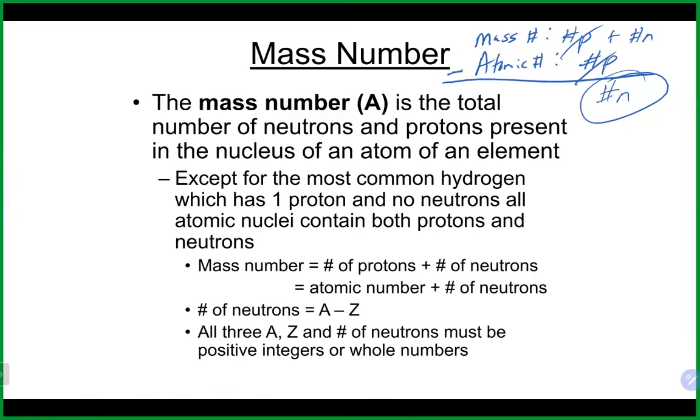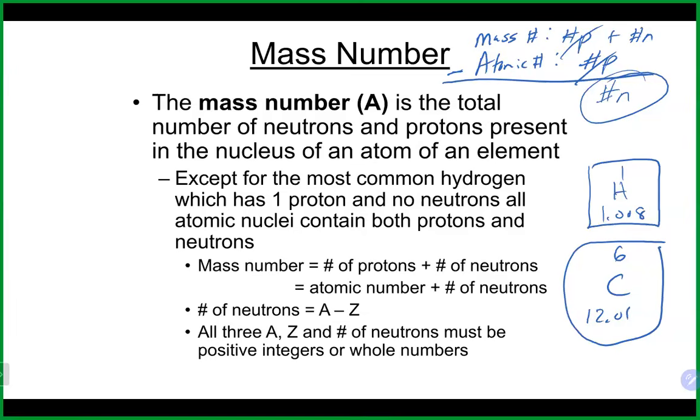Because my next question is, can I find the mass number on the periodic table? So for example, if I look at hydrogen and it says 1 and 1.008, or I look at carbon and it says 6 and 12.01, is the mass number up there? The answer is no. Those are not the mass numbers, right? Because as we just saw, mass number, atomic number, protons, electrons, neutrons need to be what type of number?